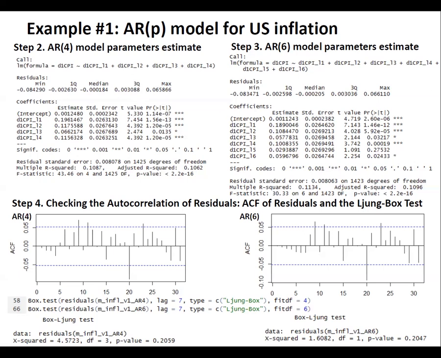Regression coefficients at the first lag, at the second lag, and third lag, that is A1, A2, A3, and A4. Here there is the significance of the autoregression coefficients, which means that they all turn out to be significant. R squared and R squared adjusted. This is what we see in the AR4 model.